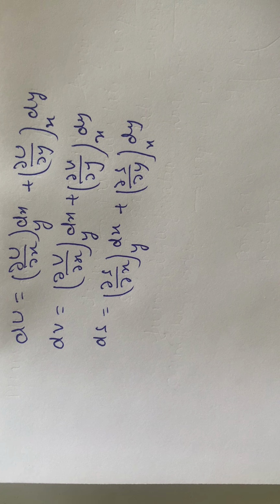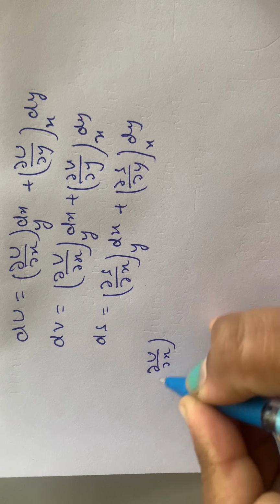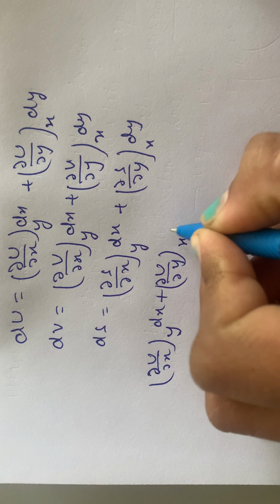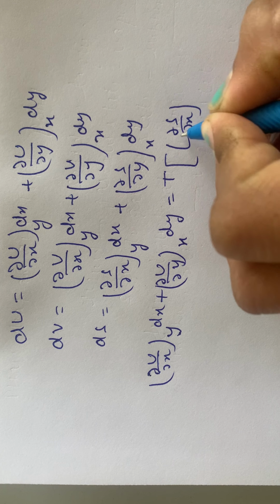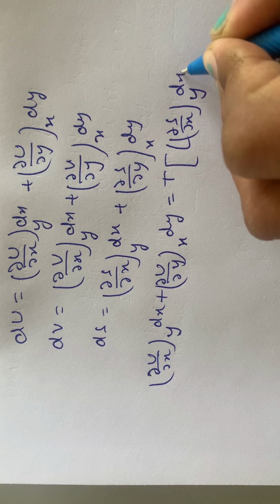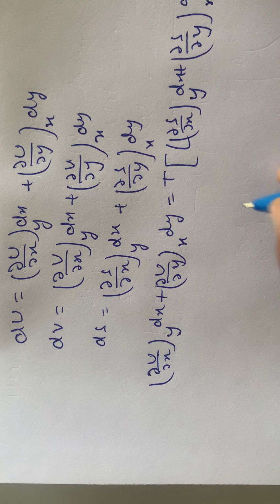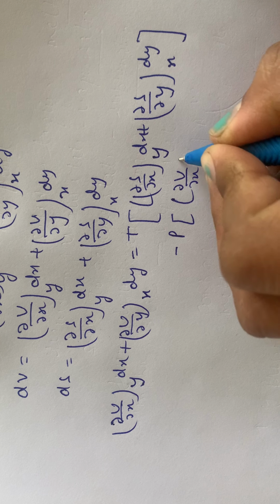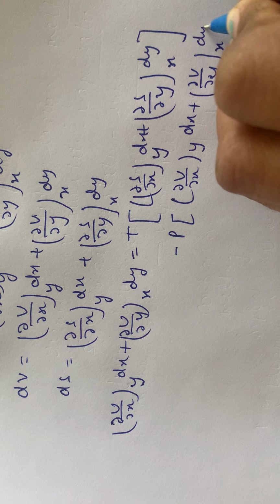Substituting the values of dU, dV and dS in the first equation: ∂U/∂X at constant Y dX plus ∂U/∂Y at constant X dY equals T [∂S/∂X at constant Y dX plus ∂S/∂Y at constant X dY] minus P [∂V/∂X at constant Y dX plus ∂V/∂Y at constant X dY].